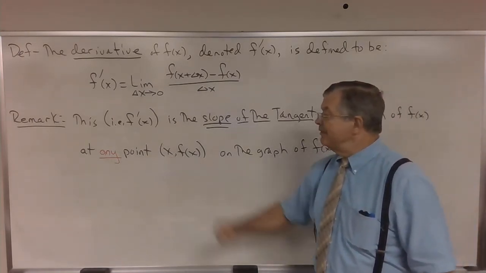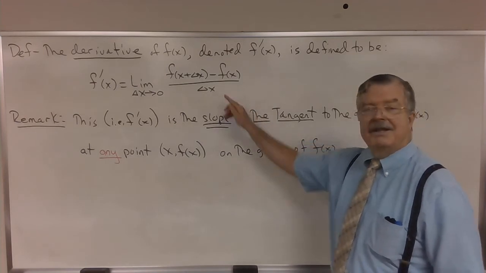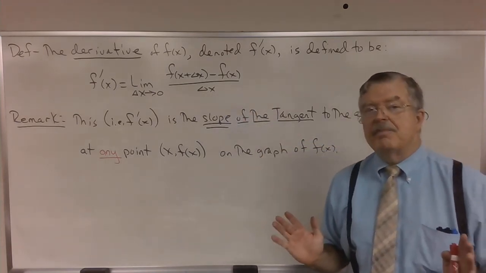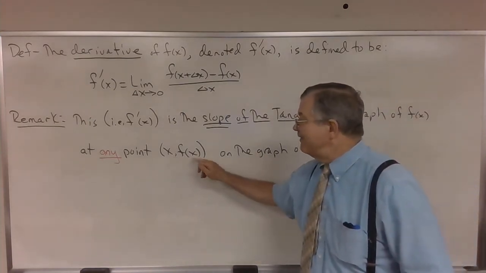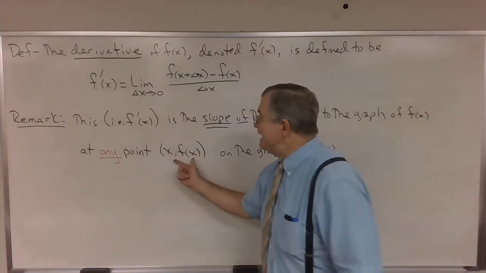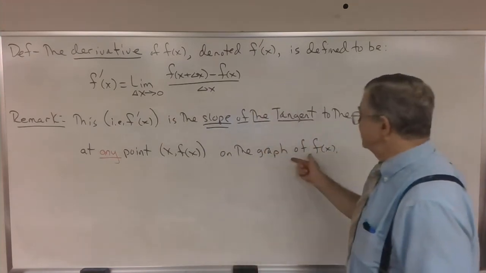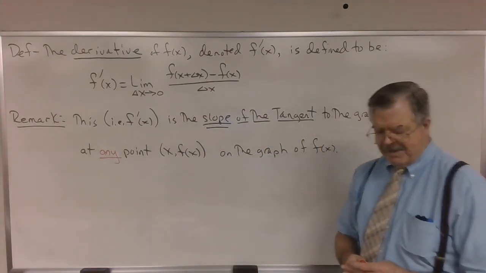So pick a value of x, plug it in here. We got the slope of the tangent to the graph at that point x, f of x. And this can be any point on the graph of f of x.